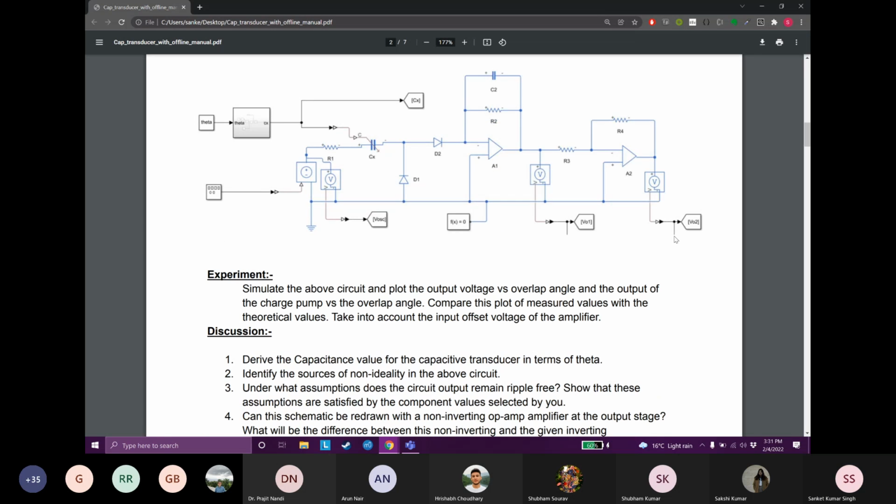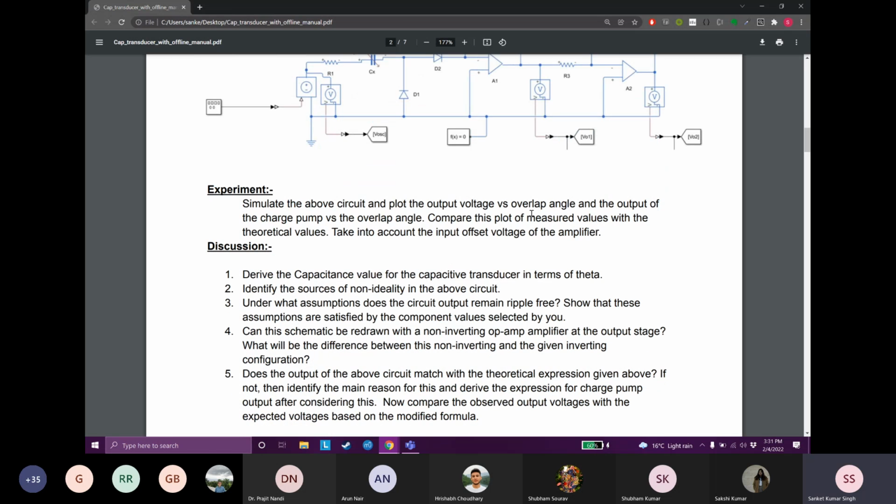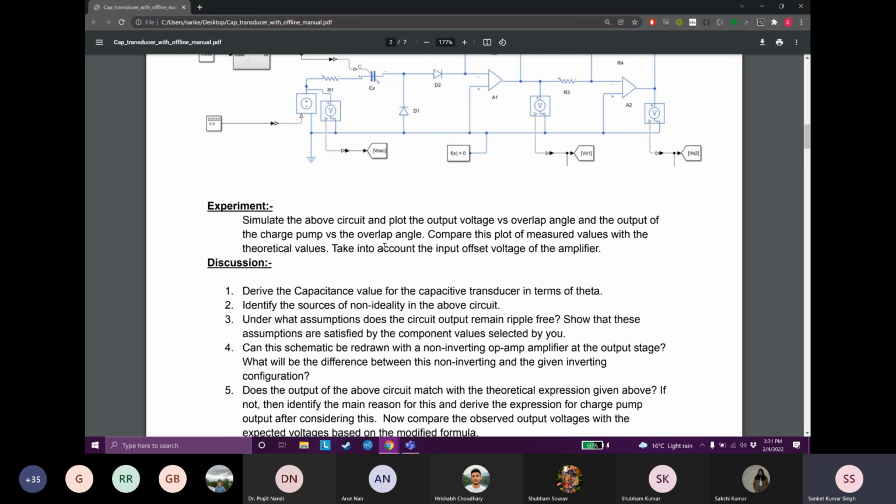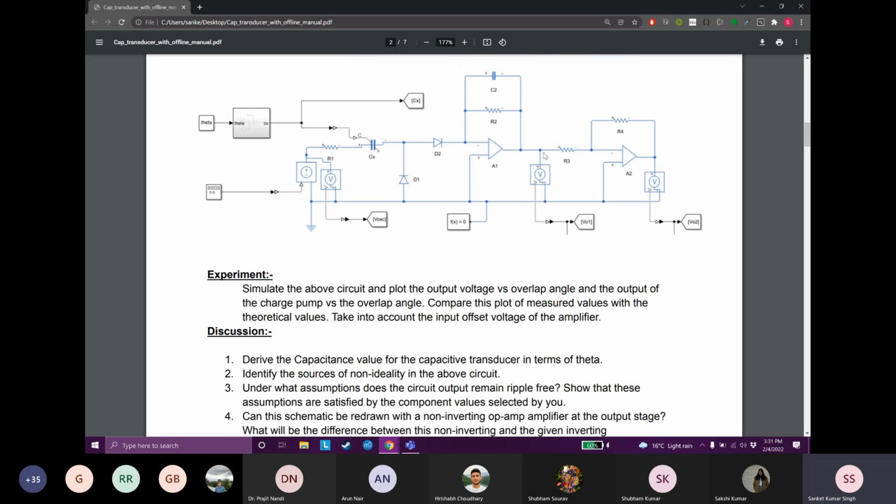This is the experiment that you have to do. You have to plot the measured values of the output of this charge pump versus this theta, and also this output voltage versus this theta. You'll also have to derive a relation for these values and compare the measured values with the theoretical values.